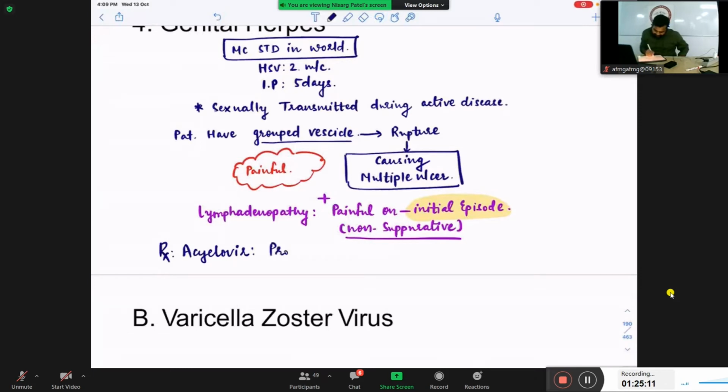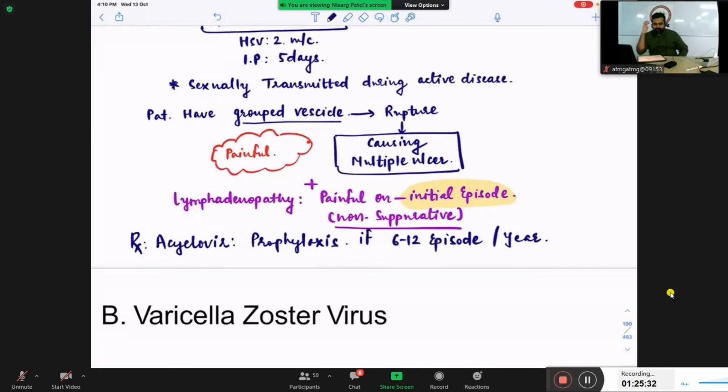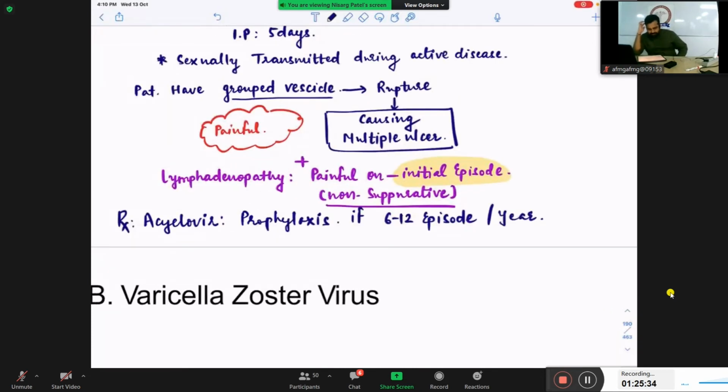But sometimes you will require prophylactic acyclovir also. Prophylaxis is for 6 to 12 episodes per year.